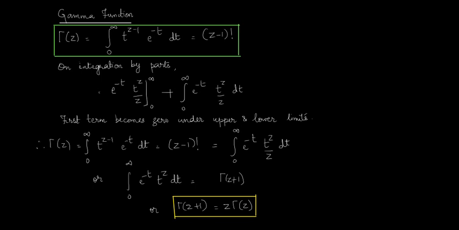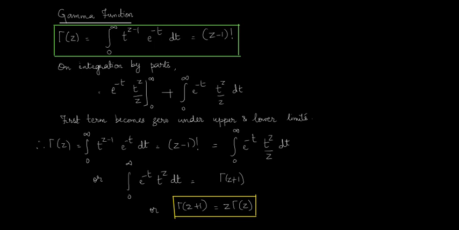And then minus the integral of the derivative of your first function. Your first function was e raised to minus t. When you take the derivative, you will get minus of e raised to minus t. So that becomes a plus, and you have integral 0 to infinity e raised to minus t. Then again the integral of the second.